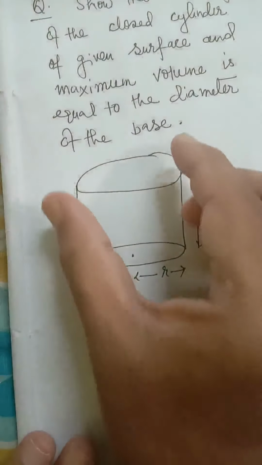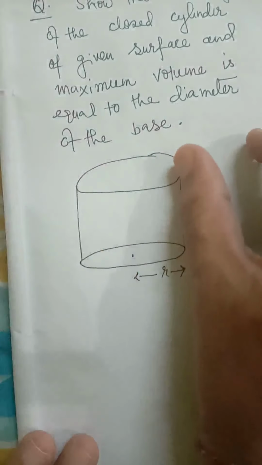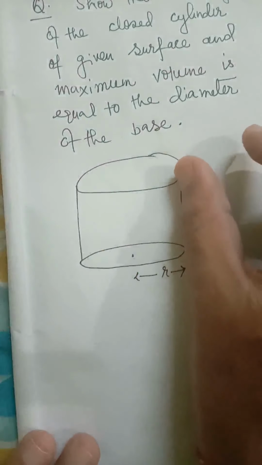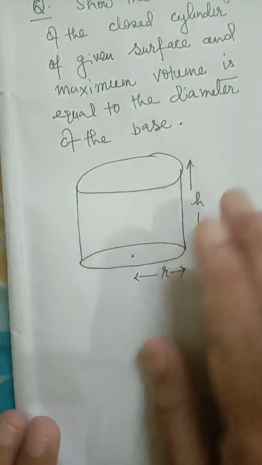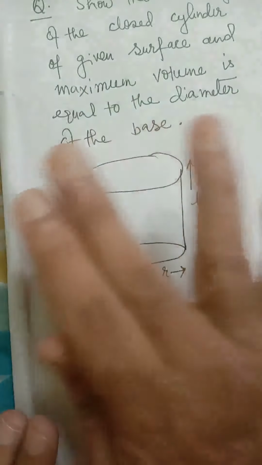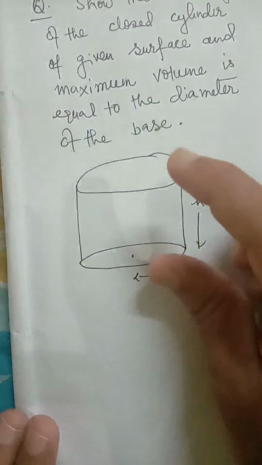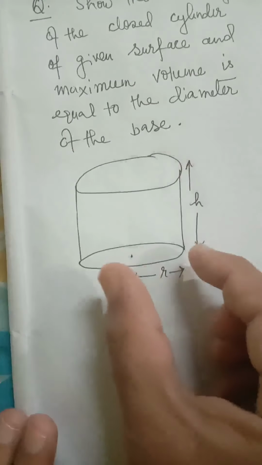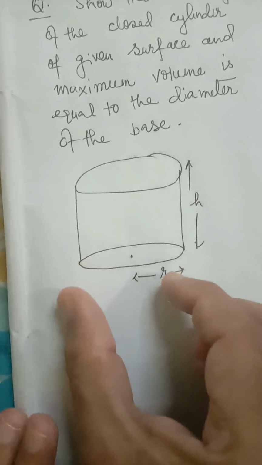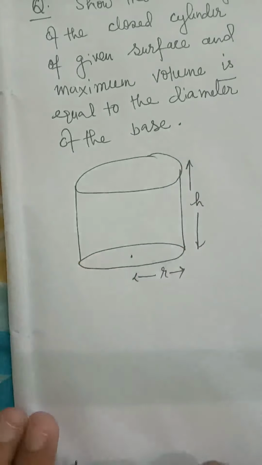If we consider different cylinders with surface area 100, then among those cylinders, the cylinder whose volume is greatest will have its height equal to twice the radius of the base, that is the diameter of the base.